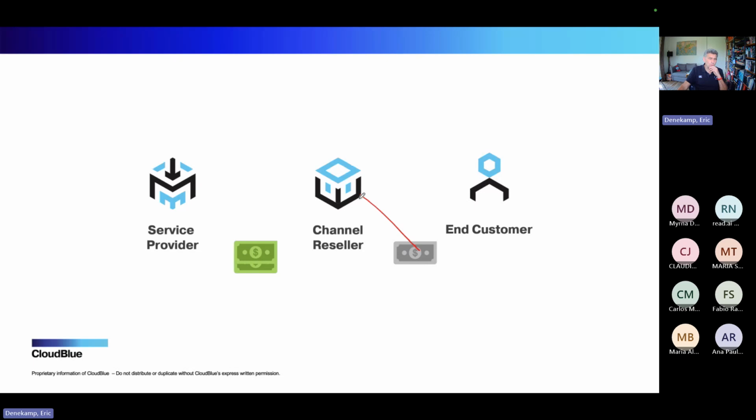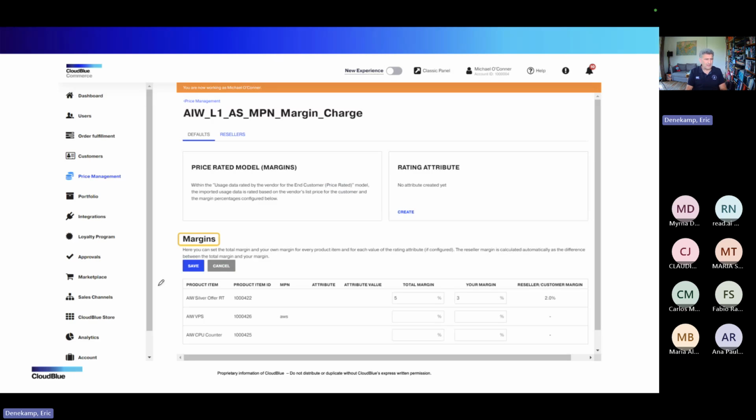So the revenue goes to the channel reseller. What happens with this money? How much stays in the pocket of the service provider? We don't know at this point. We can set up a couple of those things in what we call the price manager, where we can set margins of specific products.